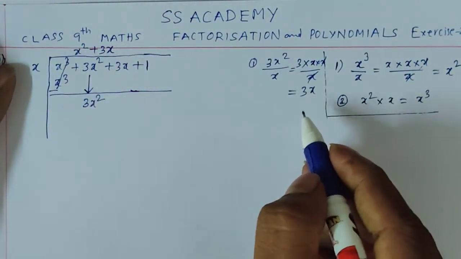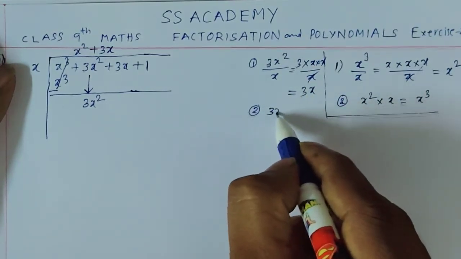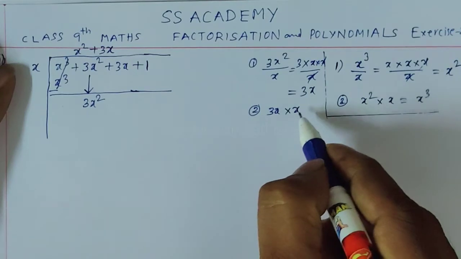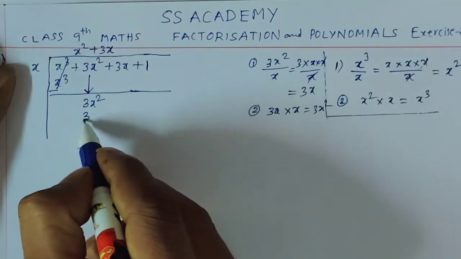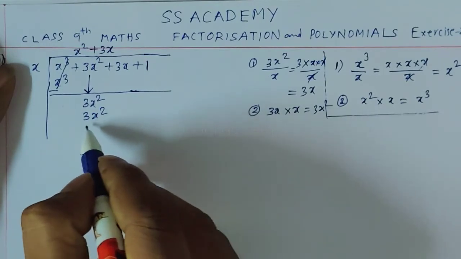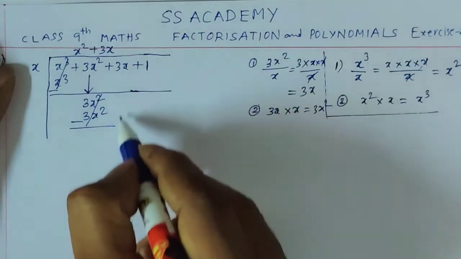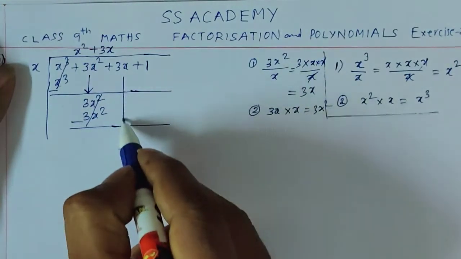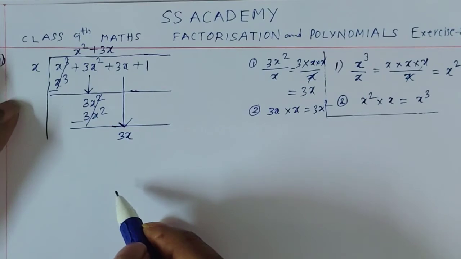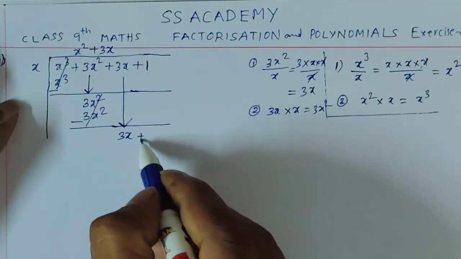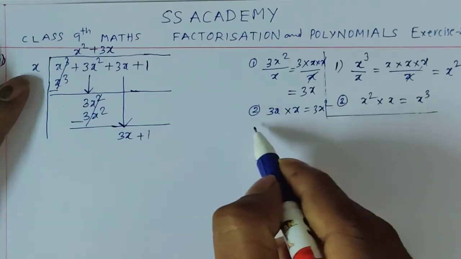Now in the second step you need to multiply the divisor with 3x. 3x into x will become 3x square. So you have to write 3x square here. So 3x square gets cancelled, you will get 3x, and bring down 1 also.